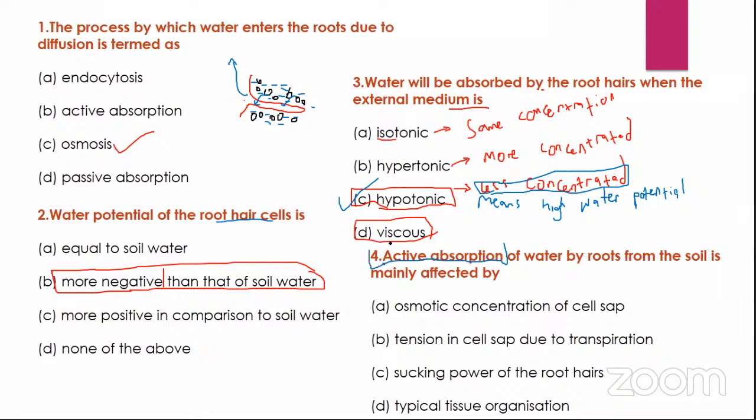So I was still telling you that active absorption means something active. It means that a lot of energy is being used, and the energy is in the form of ATP.